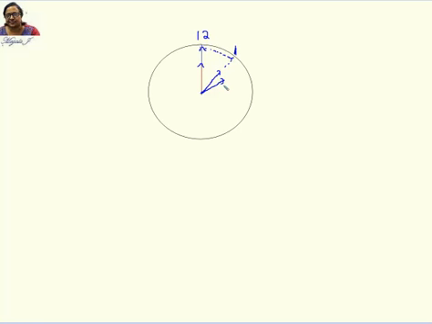So what you can do is consider that when they coincide with each other, the angle between the minute hand and the hour hand is going to be 0, correct? Here it is 0. Similarly here also, the angle between the minute hand and the hour hand is going to be 0. And that happens after 1 hour and a few minutes.